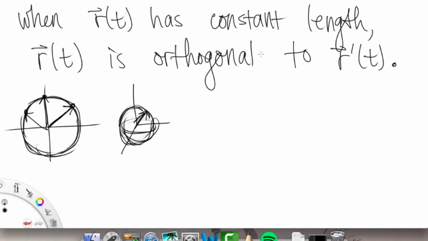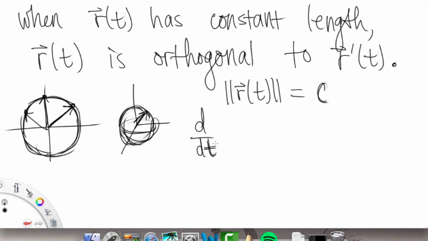So what this means, though, and I'll explain why this is. If r of t has a constant length, that means the magnitude of r of t is a constant, right? So it's going to stay constant, it doesn't change. So when you take the derivative of the magnitude of r of t, that is going to be like the derivative of a constant, okay?